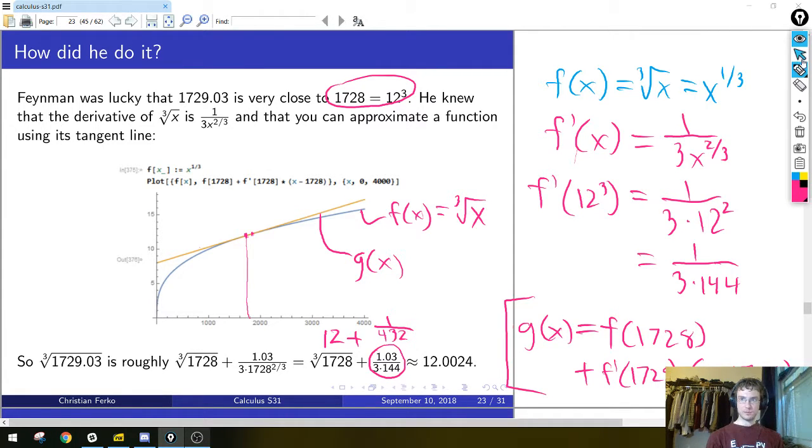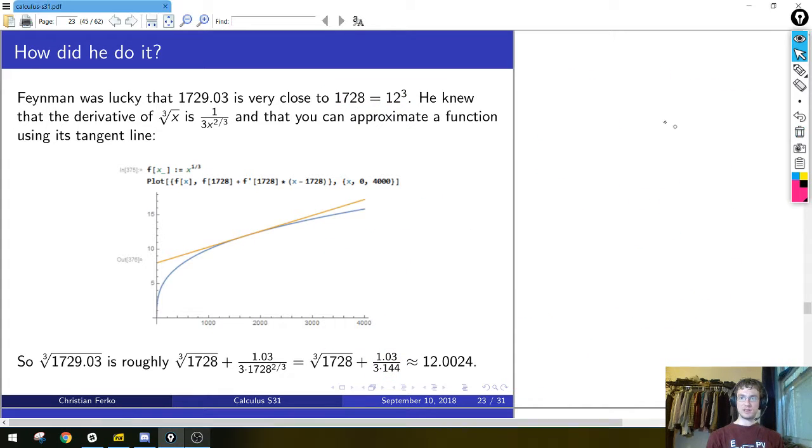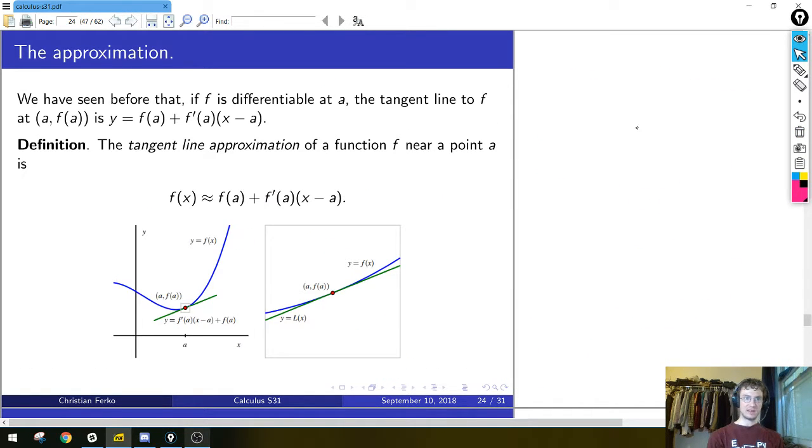But first, let me just state the general technique that we use. You've now, or you'll shortly finish CD3, so you know how to find tangent lines to graphs. It's pretty simple. You just, in this point slope form, if you like, get the slope by taking the derivative at whatever point a you're interested in.